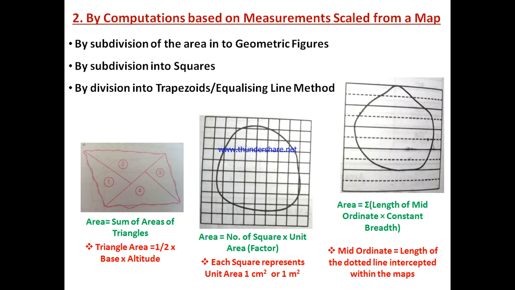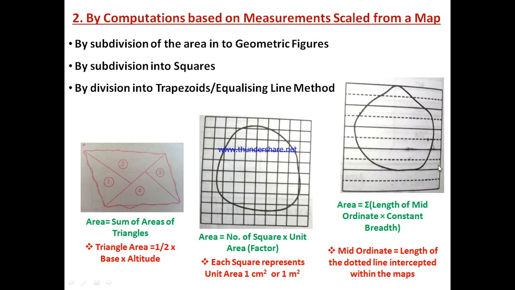This tracing paper is then placed over a drawing in such a manner that the traverse which is observed in the field will come exactly between two parallel lines. Suppose here you can see that this figure is coming exactly between two parallel lines.